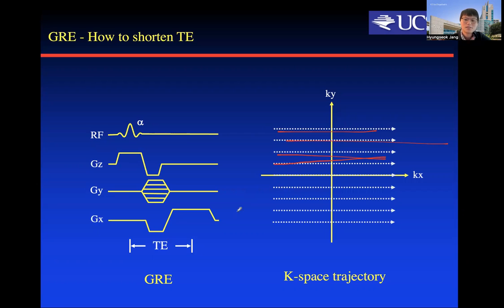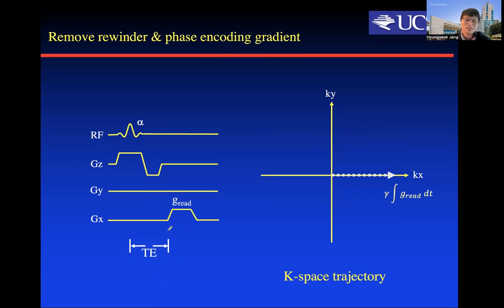But the rewinding and the phase encoding part takes time, so the signal has already decayed to zero. The simple approach is just to remove those gradients, and then we can shorten the TE. But now this is not imaging anymore.